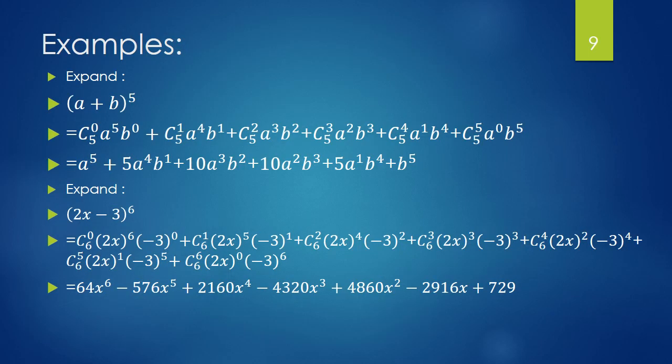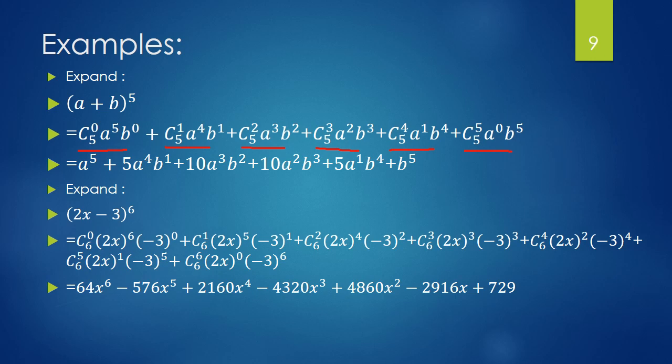For example, expand (a + b)^5. The first term is C(5,0) a^5 b^0, then C(5,1) a^4 b^1, C(5,2) a^3 b^2, C(5,3) a^2 b^3, C(5,4) a b^4, plus C(5,5) a^0 b^5.